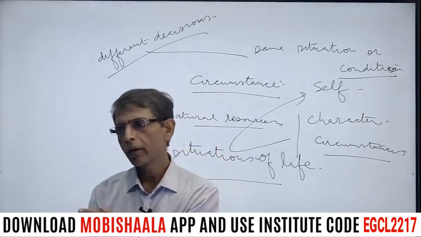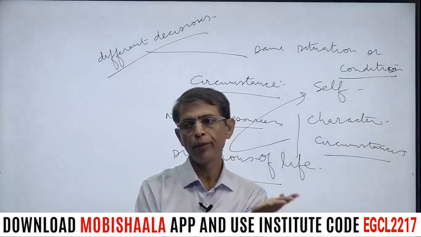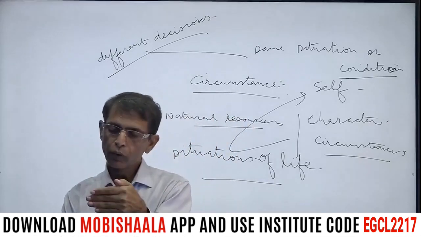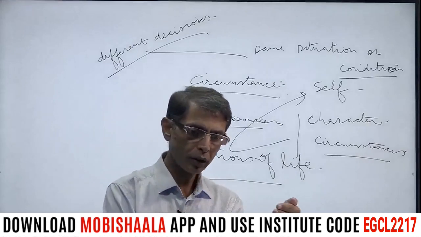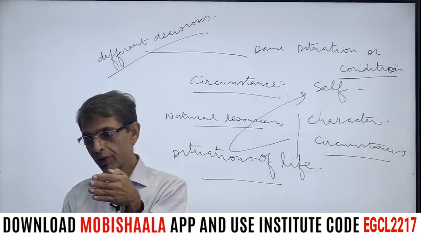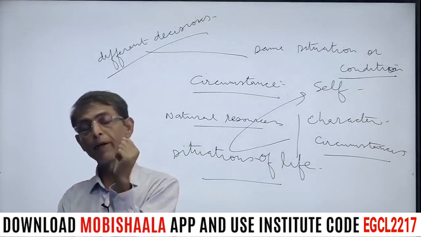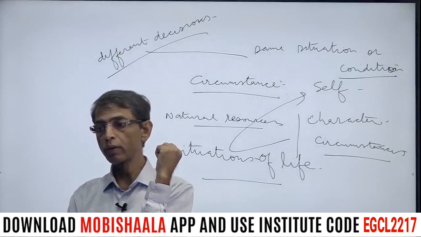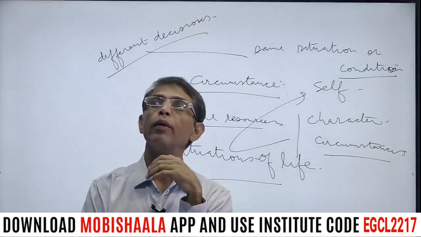And even in everyday life, we can take some other examples. The same poverty can provoke one into activities of stealing and thieving, and the same poverty can provoke someone to become a rich man.